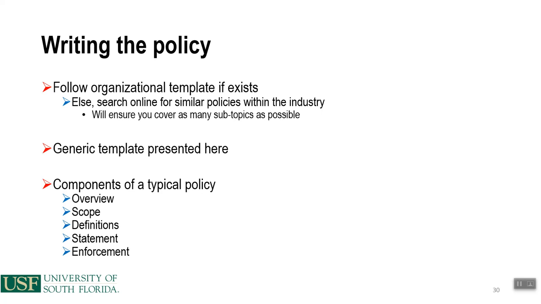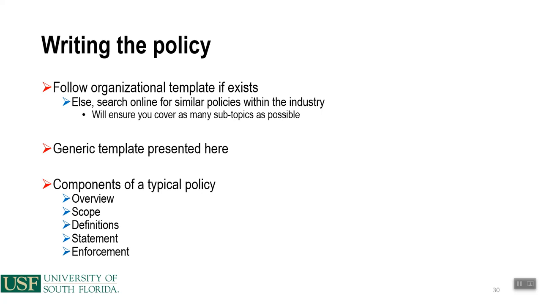Otherwise, search online for similar policies within the industry. Chances are, if you're within a well-developed industry, you're going to be able to find some of these policies that are out there. If you're starting a completely new industry, then you can set the tempo for the rest of the industry. And this will help you make sure that you cover as many subtopics as possible.